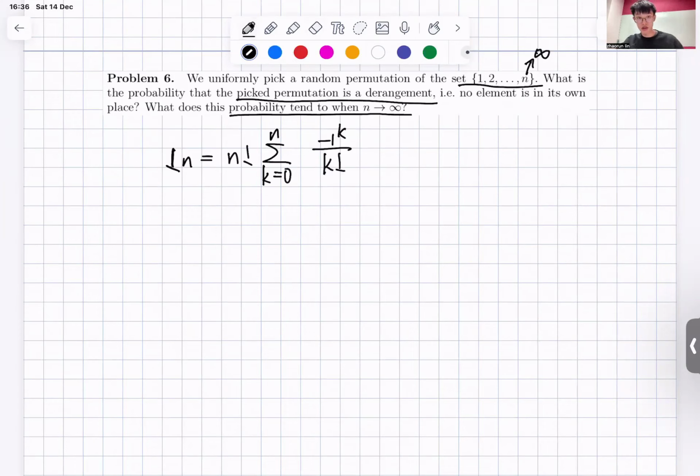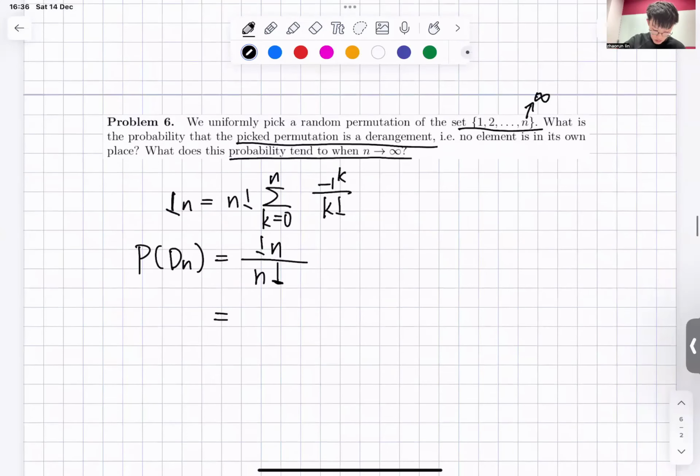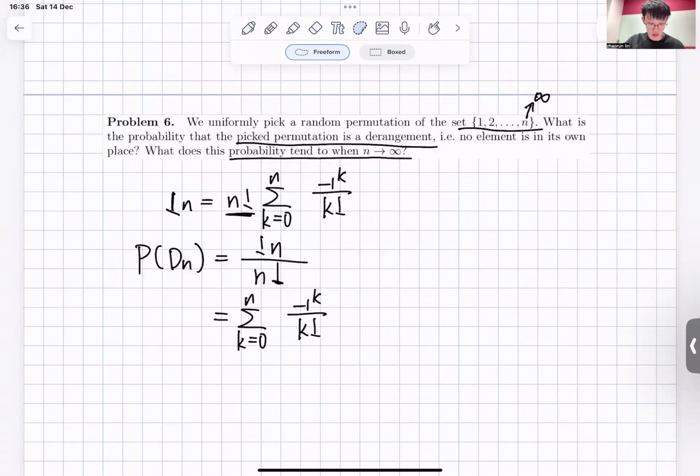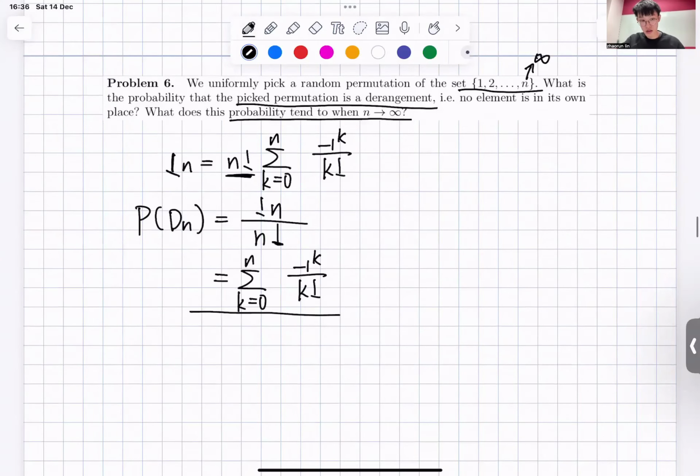So the probability that we pick a derangement is just this over all the permutations, so it's n factorial. And this is the probability that we picked a derangement.